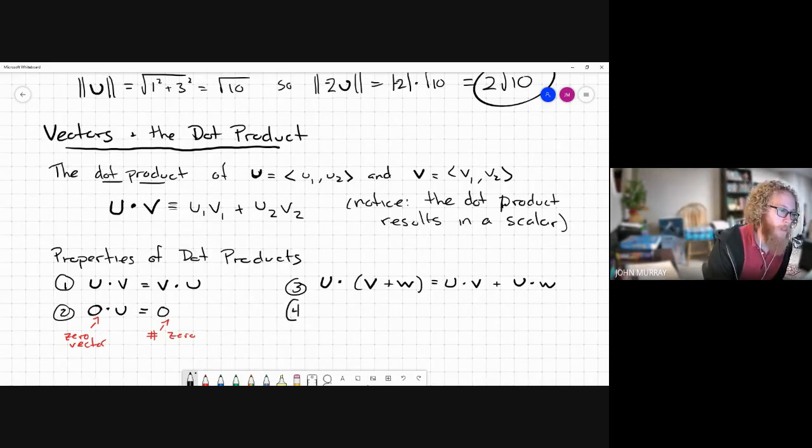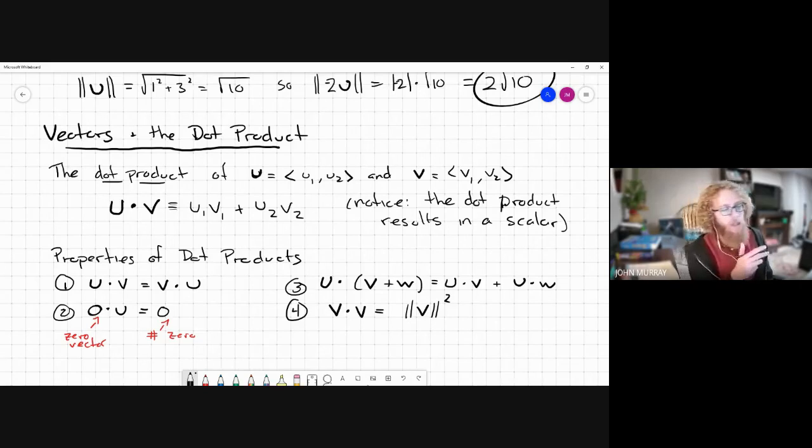Now this one is interesting, and we'll take a look at an example. The dot product of a vector with itself is the same as the square of the magnitude of that vector. Okay, so that's an interesting one, and I think we should have time, and I'll show you the math behind that.